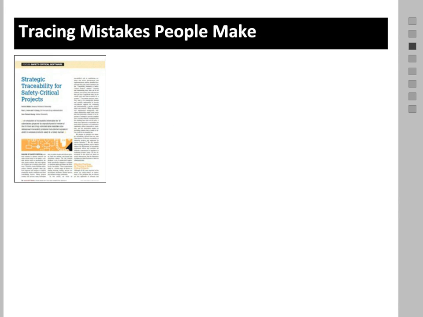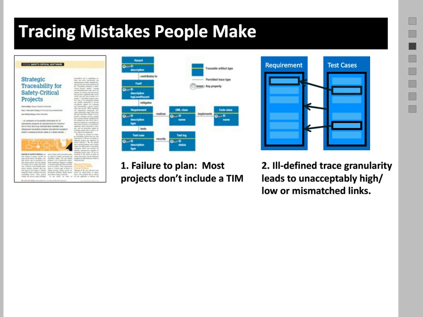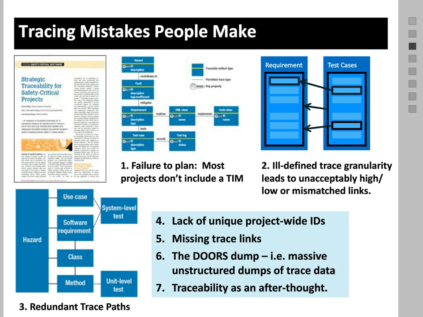So first, I would like to quickly mention that we have a traceability problem. We performed a study in conjunction with the Food and Drug Administration looking at the traceability components in the submissions for medical devices to get their approval for marketing. And we found that tracing problems are inherent to these submissions.